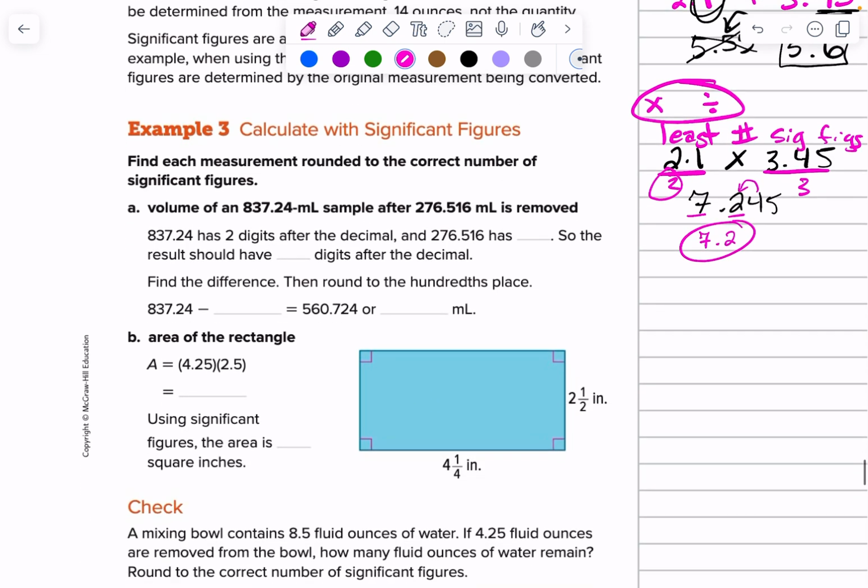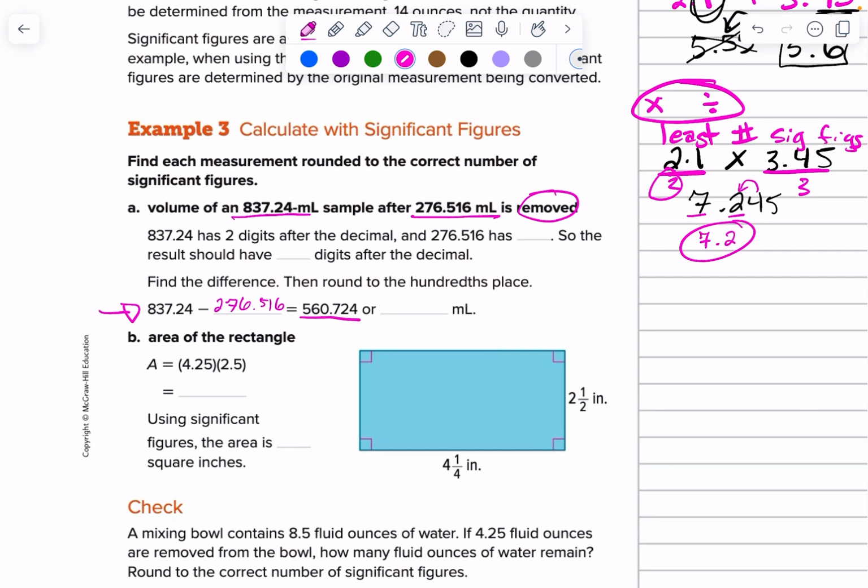All right. Example 3, find each measurement rounded to the correct number of sig figs. All right, if we have this for a volume and we remove this amount, removing means we're going to subtract them. So I'm going to go down here to this line where it has the subtraction. Normally I don't go off of their work, but I'm going to this time. 516, because they have it good. All right, when we subtract those, I've got this going on here, okay?